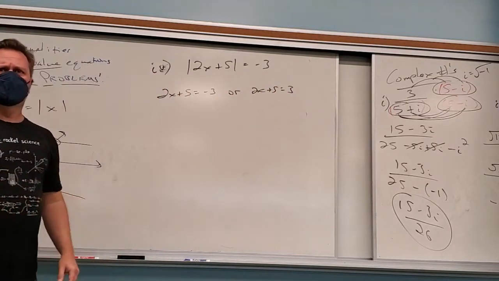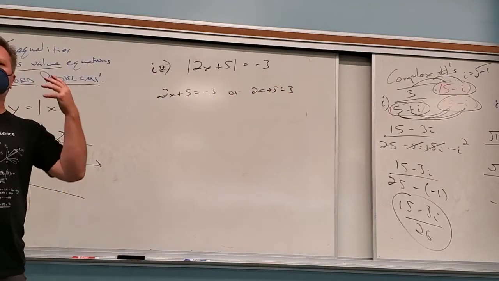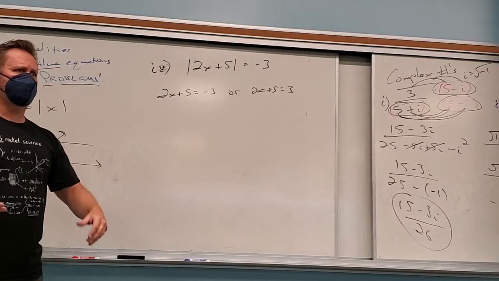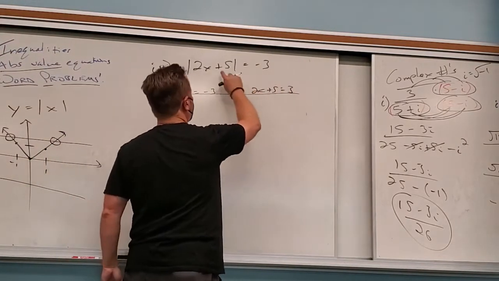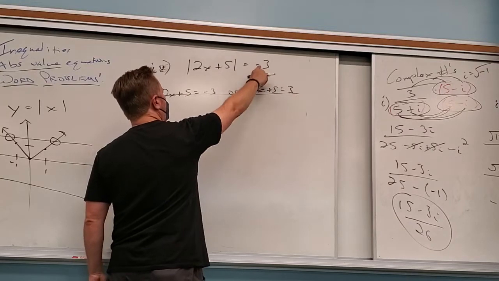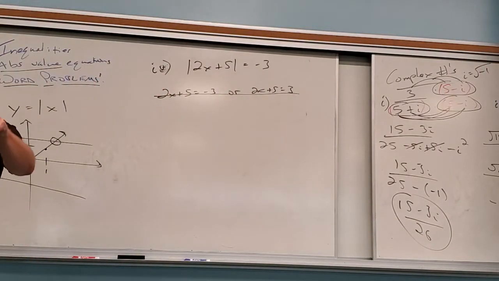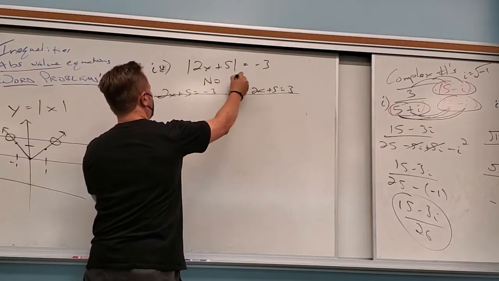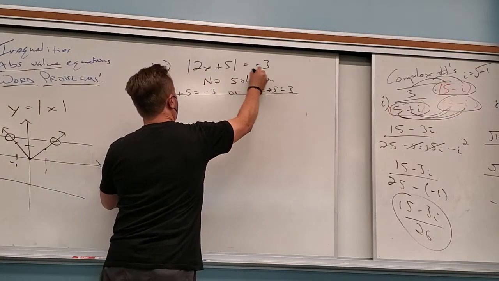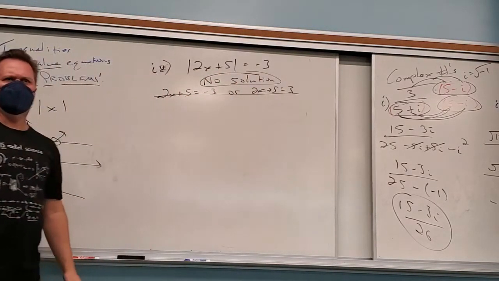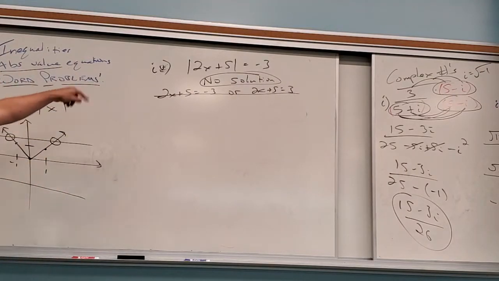Right? They would get 2 answers, but neither one works. Because there's a fundamental problem with this equation. Absolute value can't be negative. So you want to look out for those, and you want to say no solution. If you did do those and you checked your answer, it wouldn't work.